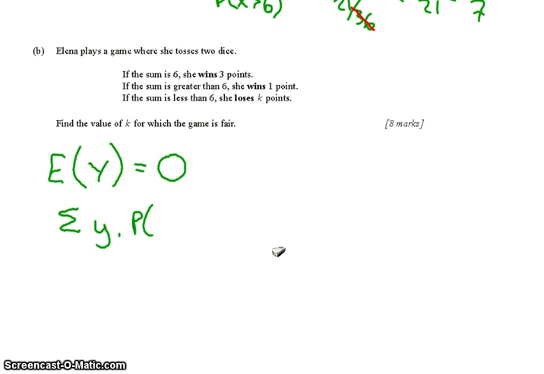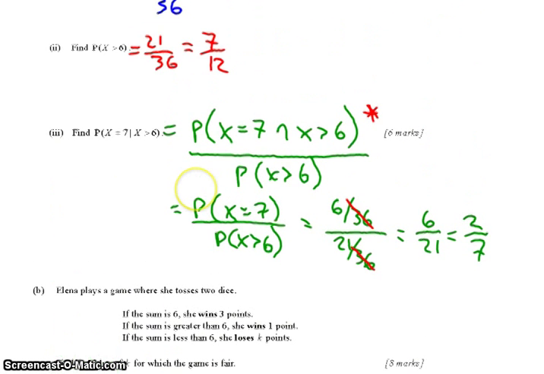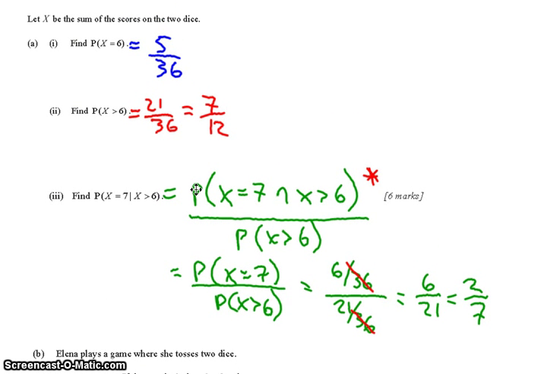y equaling that score. Well, in this case, she can get 3 points if the sum is exactly 6. So 3 times the probability of getting 6. Well, that was in part 1.